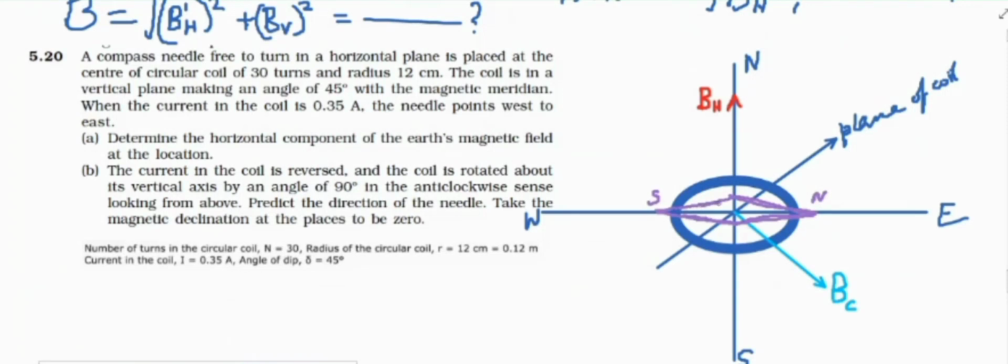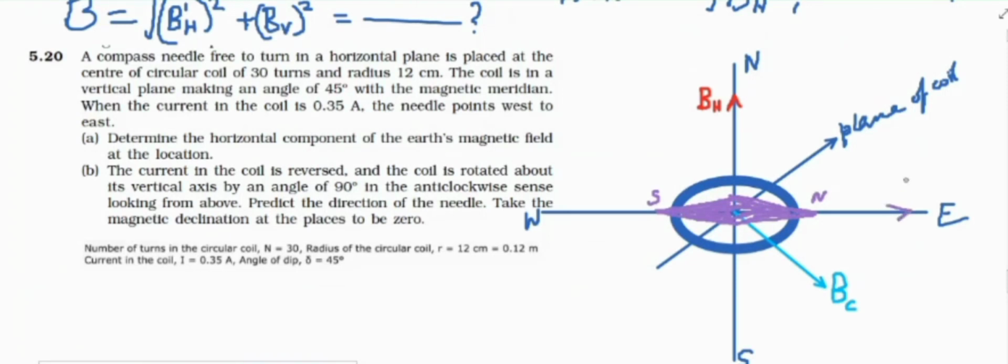Now, what is the reason the compass needle is aligned west to east? We have to think: this compass needle will align in the direction of the total magnetic field. That means we have two magnetic fields now, BH and BC, and the B total is acting in this direction.